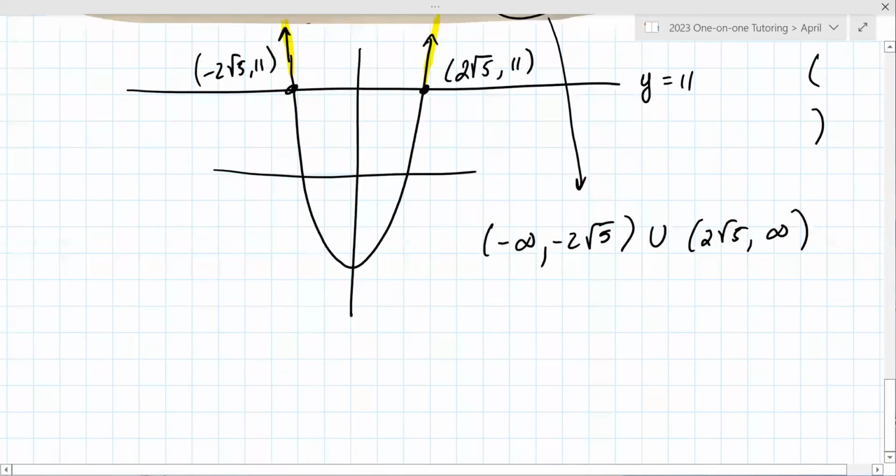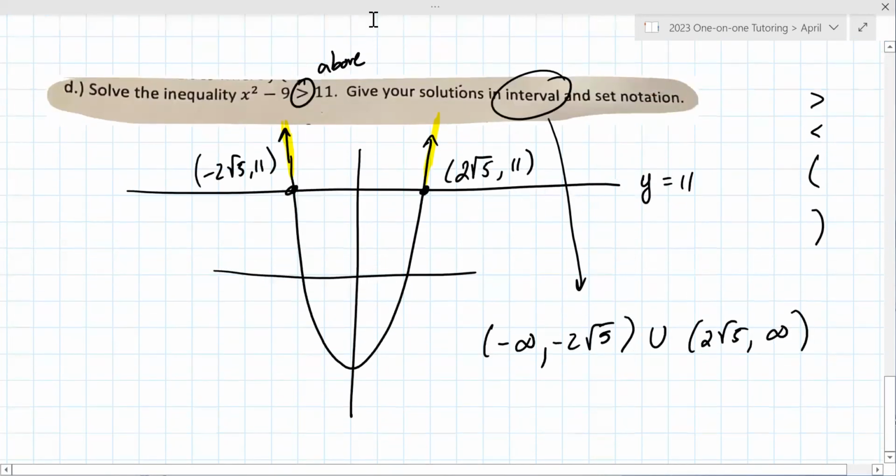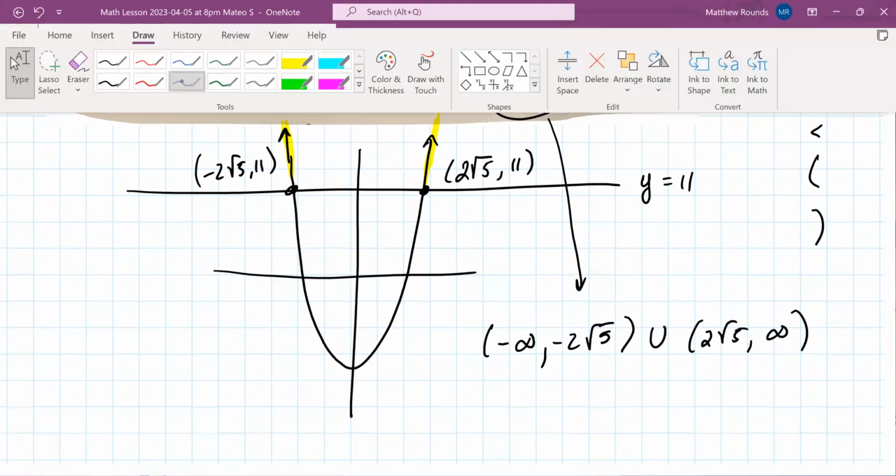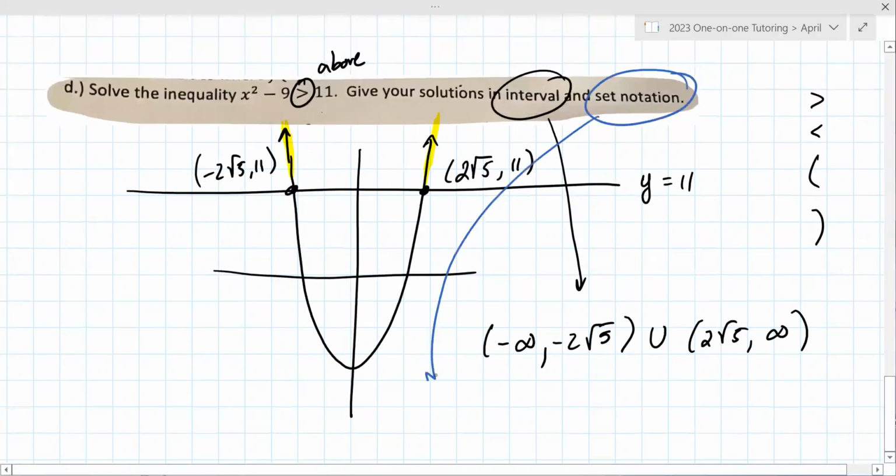Now in terms of set builder notation, it's x such that x is an element of the real numbers. That part is always there. It's x less than minus 2 square root of 5. That means to the left.